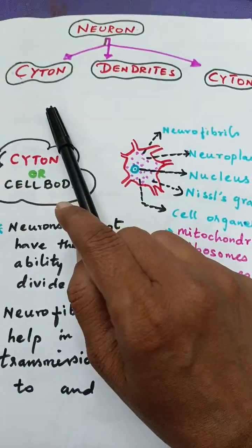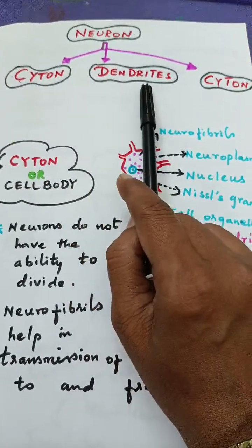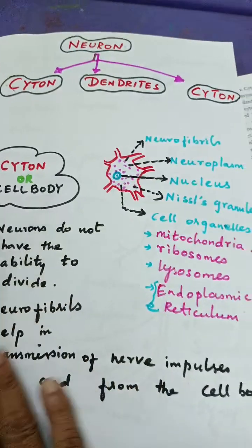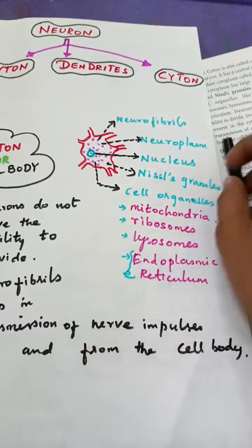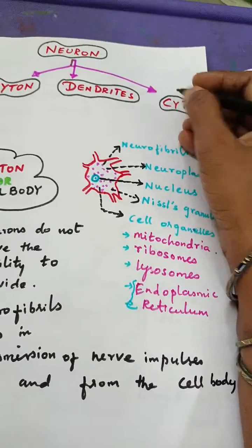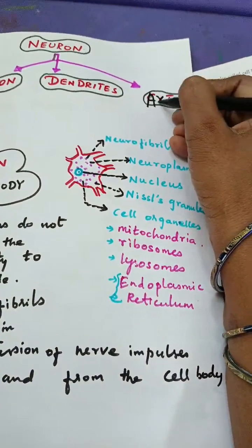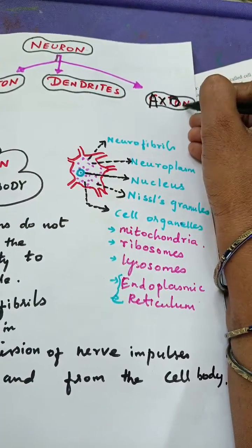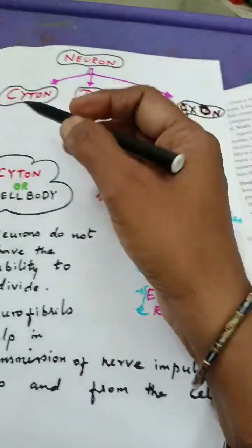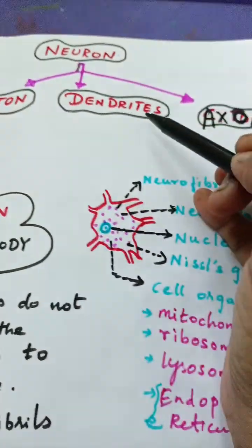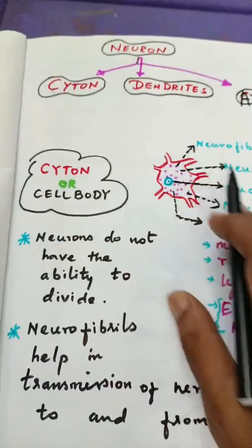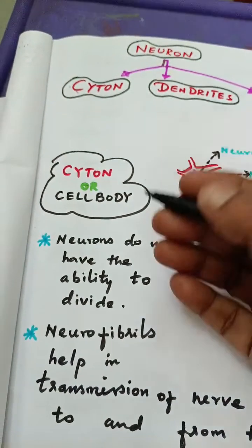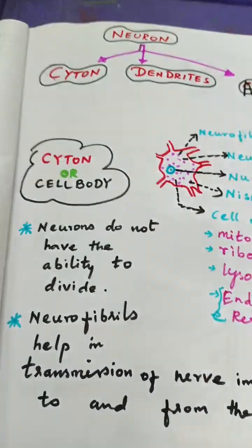You have a cyton, you have dendrites, and then what is the other part you have? You have an axon. Okay, so you have cyton, and then the dendrites and the axon. Clear? So let me explain one by one. We will see the parts in detail in this session.